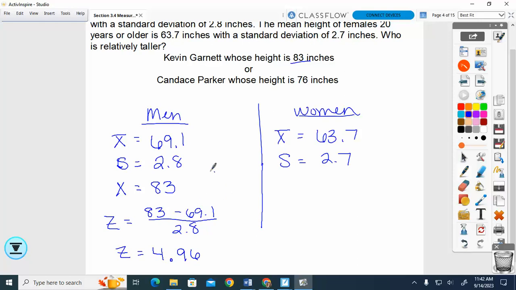So what that means is he is 4.96 standard deviations above average.